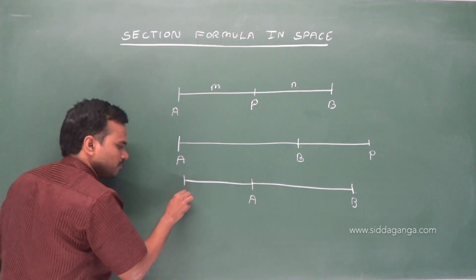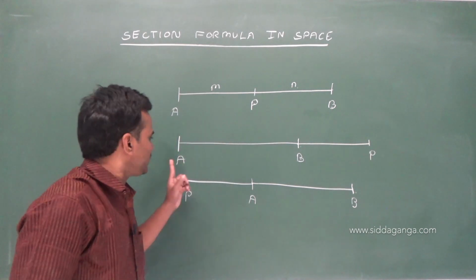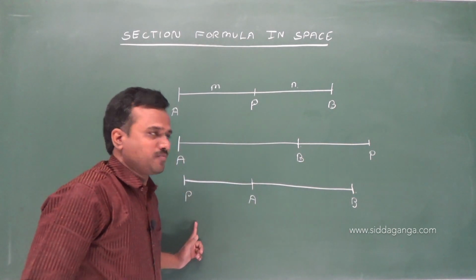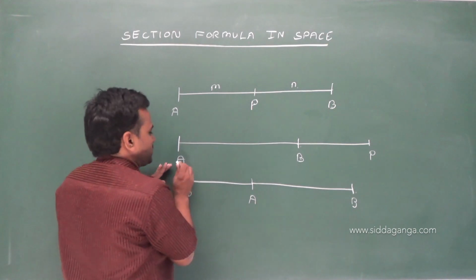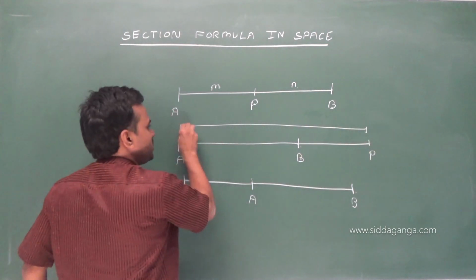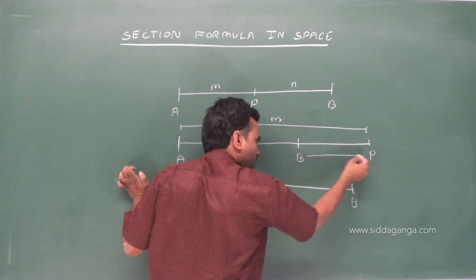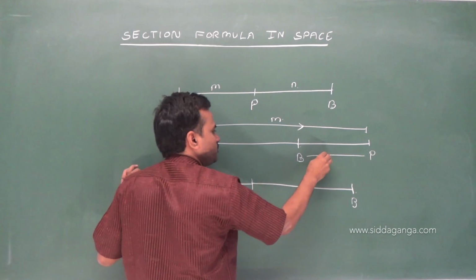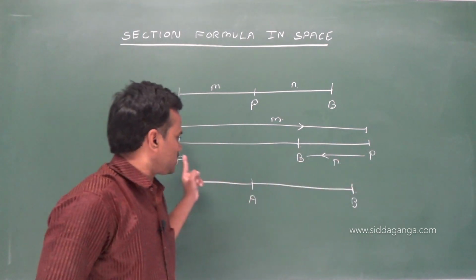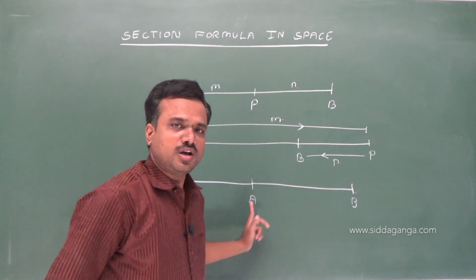Here I draw P, a point lying outside of BA.